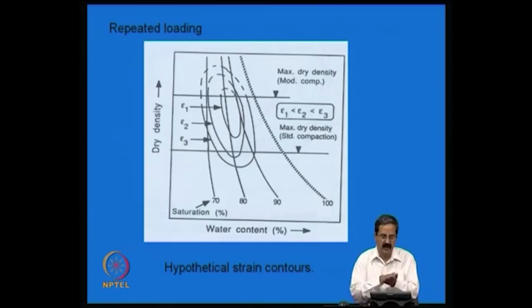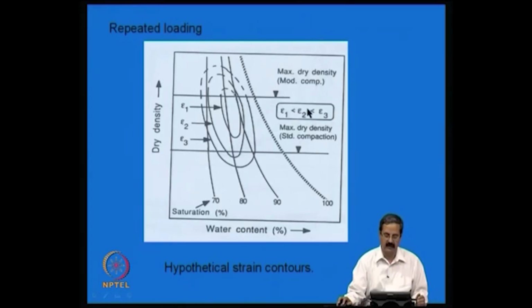So, for example, if I am talking about a pavement structure, the repeated loading that you have introduces shear strains through the number of traffic repetitions. Say for example, it is 100 million standard axle loads or 1000 million standard axle loads, it makes a big difference, and it introduces some sort of shear strains into the system. And when are the shear strains going to be minimum?